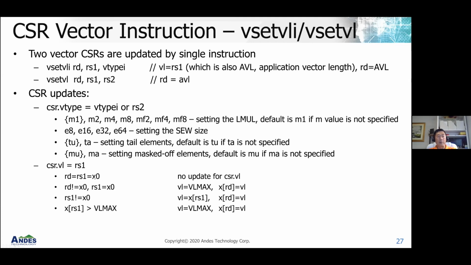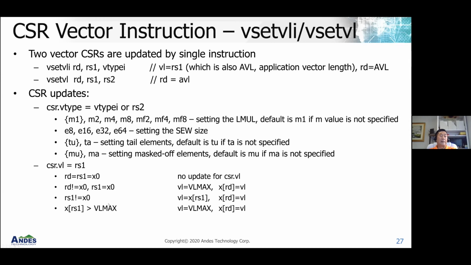The VL is set by using RS1. If RD and RS1 are both equal to X0, it means there's no update for the VL, so do not write VL in this case. If the destination register is not X0 and RS1 is X0, then VL is set to VLMAX, and VLMAX is written into RD.